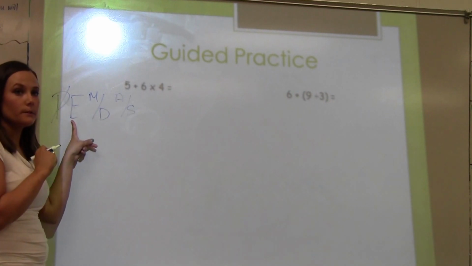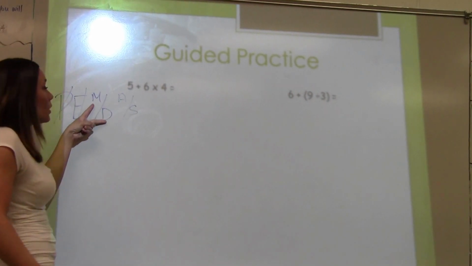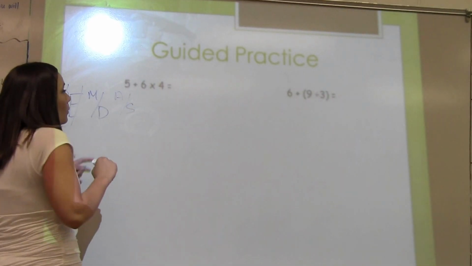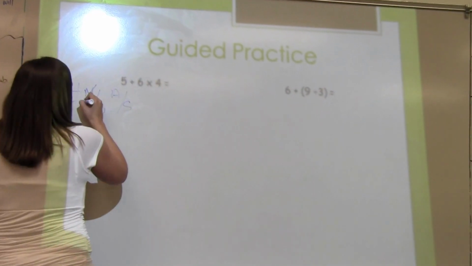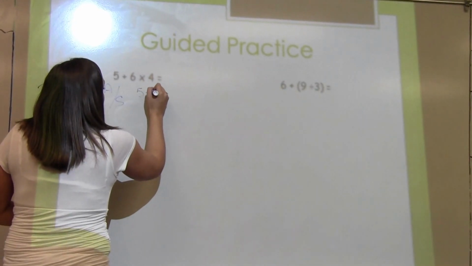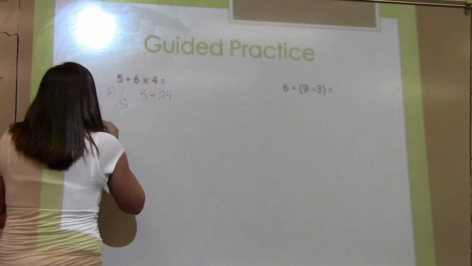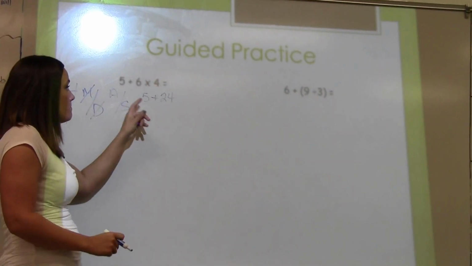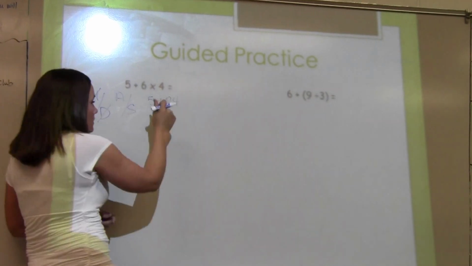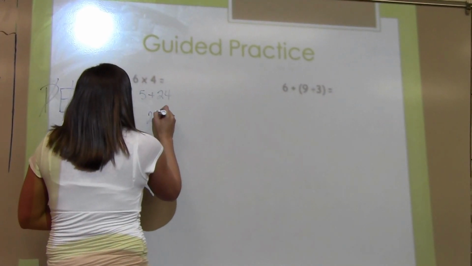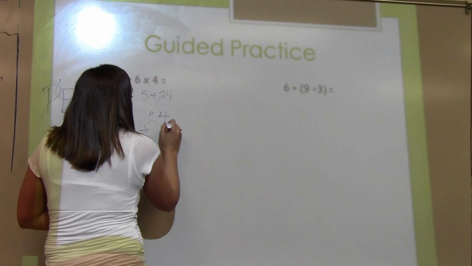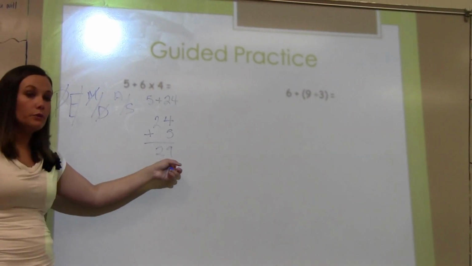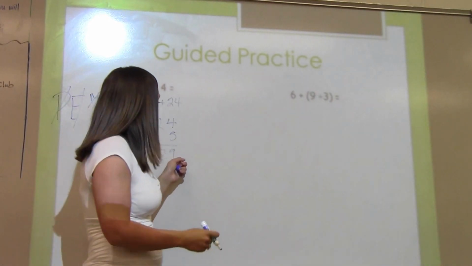No. Any exponents? No. Do we have any multiplication or division? We do, so we need to take care of it. We have a multiplication, and now we've got 5 plus 24. Now we look at our addition or subtraction. We have addition left, so we add it. If you need to write it down as 24 plus 5 equals 29, that is correct. Make sure that if you need to write it that way, you do, okay?